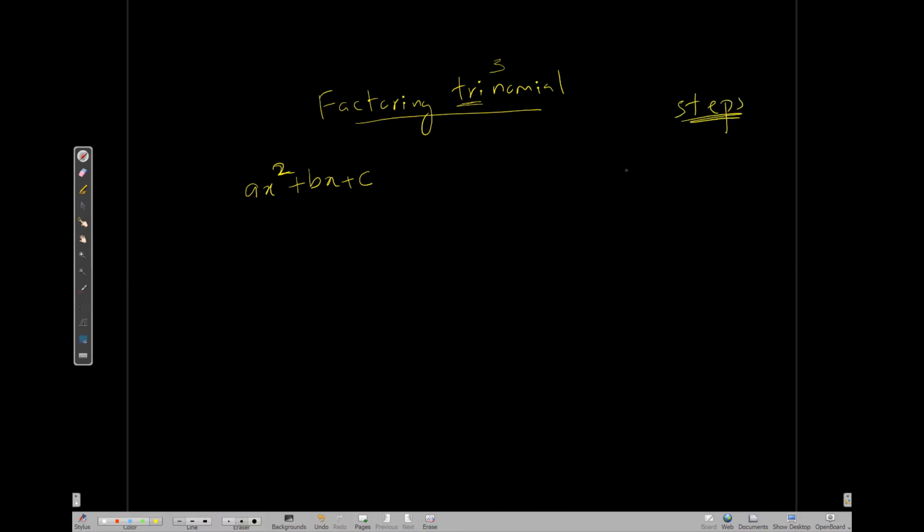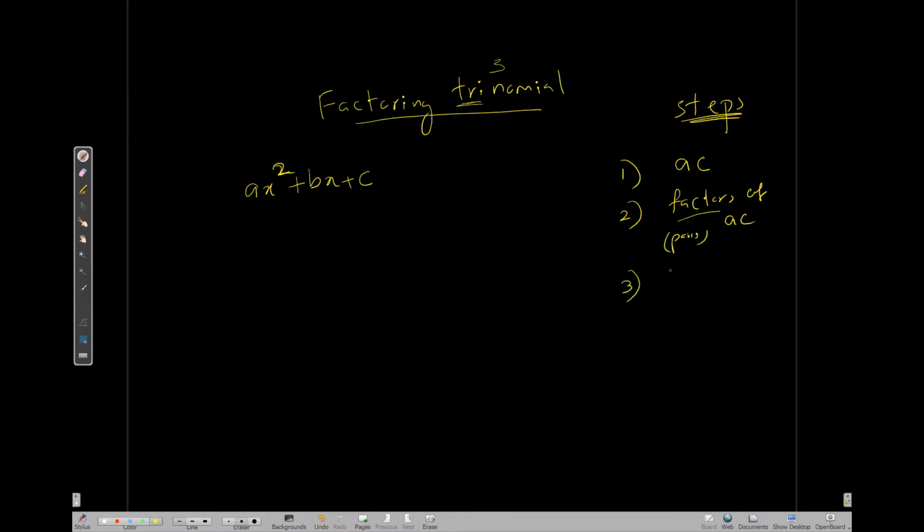Let me list it in short words. First, find AC. That means multiply the numbers A and C. Second, write down the factors of AC, all the pairs of AC. When you see an example, you will understand.